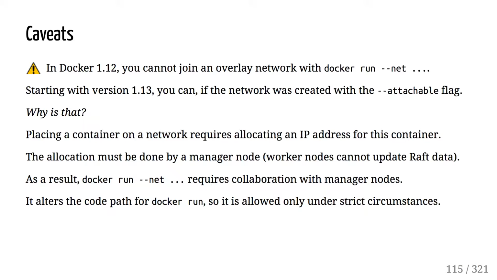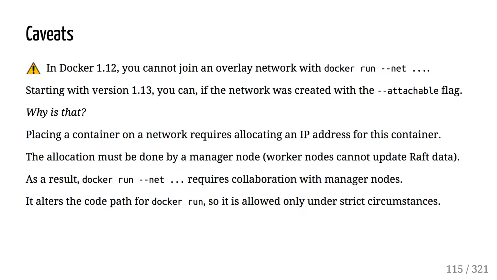And that IP address allocation is something that happens at the Raft level. Remember my silly metaphor with the table where we put things on the table. If you are a manager node, great, you can do that. You have access to that thing. But if you are a worker node, you don't have access to the Raft log, so you have no way to allocate an IP address for the container.